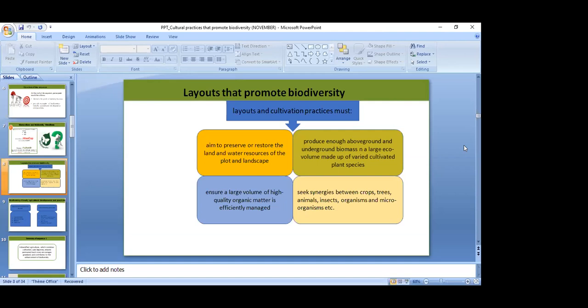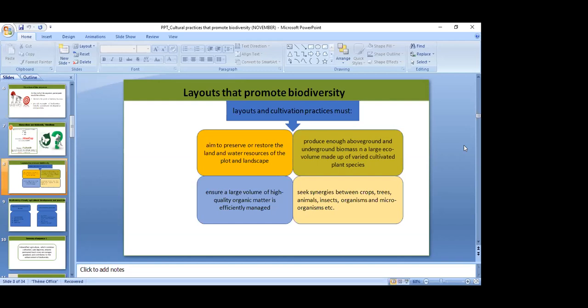And the last but not the least, the fourth one, is the kind of layout that seeks synergies between crops, trees, animals, insects, organisms, microorganisms, etc. There must be a dynamic ecological connection on that field. So any crop you are going to plant that will not allow a dynamic ecological flow on that field should be discouraged.